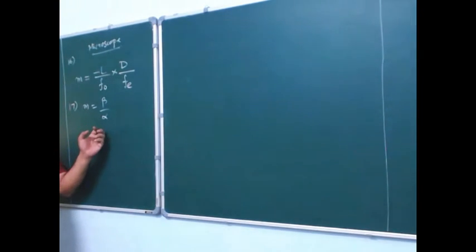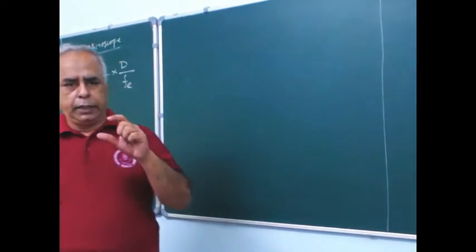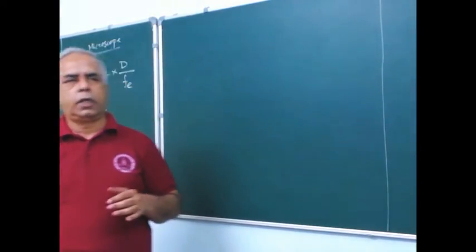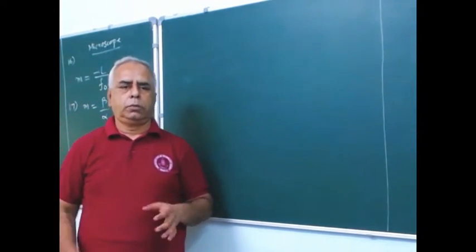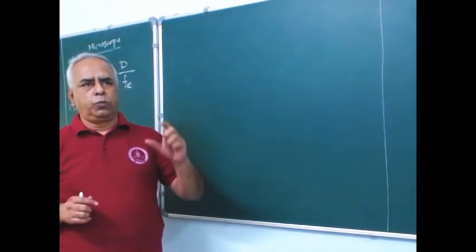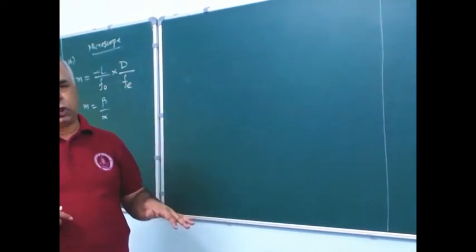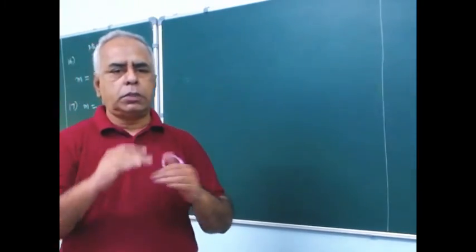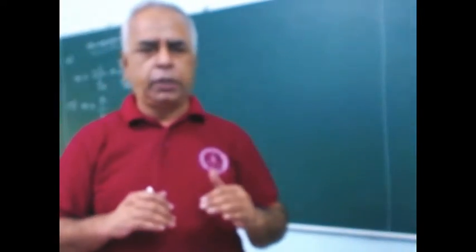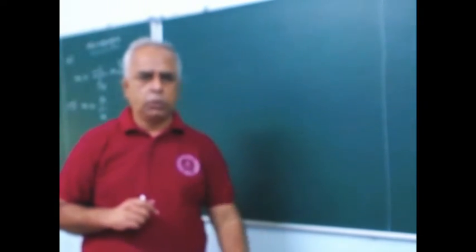You know, alpha is the angle subtended at the eye by the object. Similarly, beta is nothing but the angle subtended at the eye by the image. So this makes the difference. You should be able to identify alpha and beta.